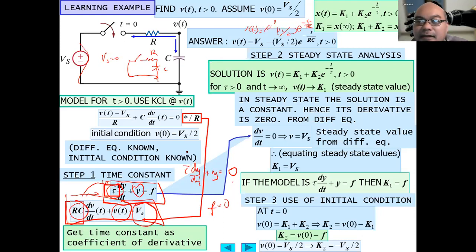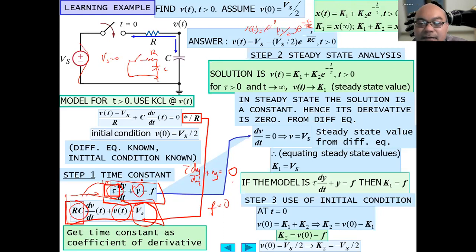If we compare with the standard solution, which is xt equals k1 plus k2 exponent minus t over tau, then we know that k1 is the steady state condition, when t approaches infinity. So this term becomes 0, and xt becomes k1.